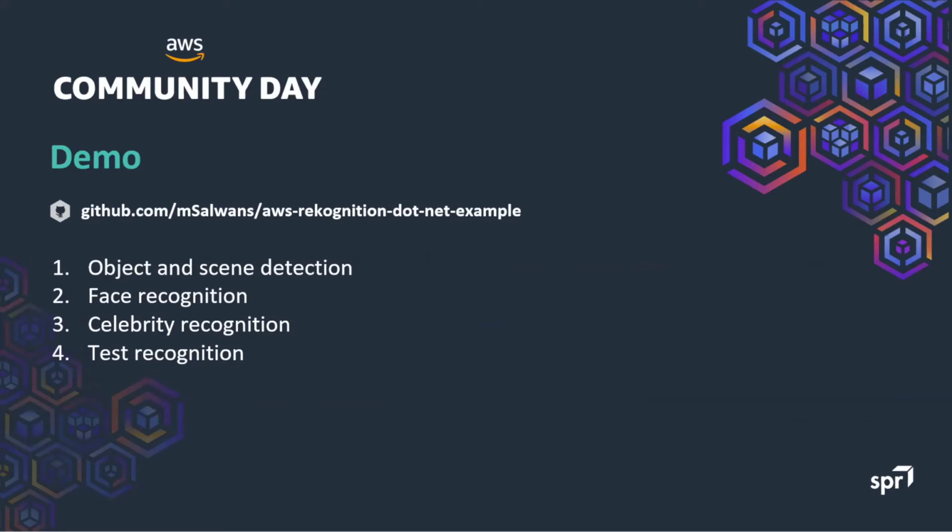So in today's demo, I'll show you four of the features: object and scene detection, face recognition, celebrity recognition, and text recognition. You'll be able to download the code from GitHub.